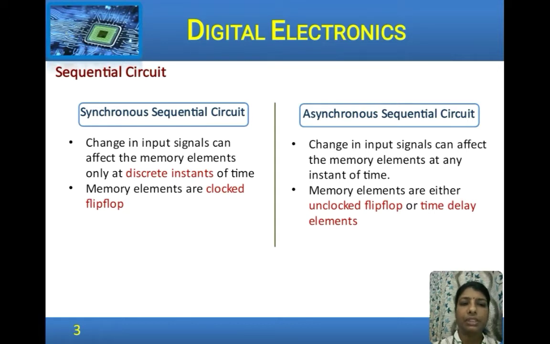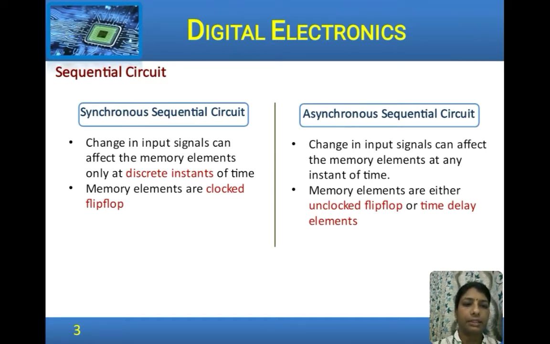The memory elements in a synchronous sequential circuit are clocked flip-flops, and in asynchronous circuits they are unclocked flip-flops or time delay elements. In addition, the outputs of synchronous sequential circuits are predictable and reliable, whereas the output of an asynchronous circuit is not reliable and could also lead to race conditions.